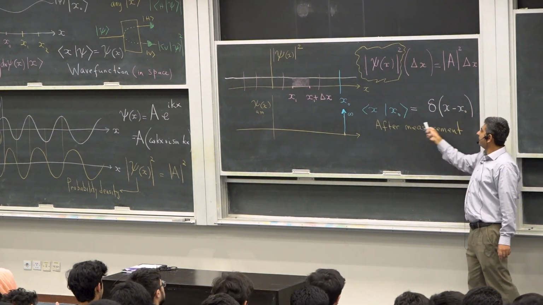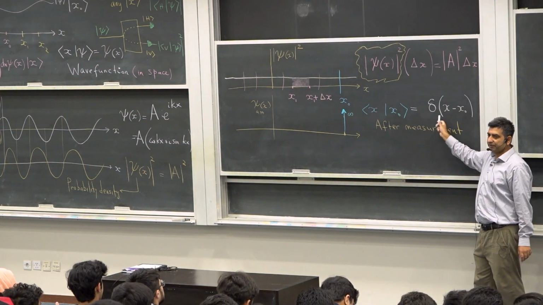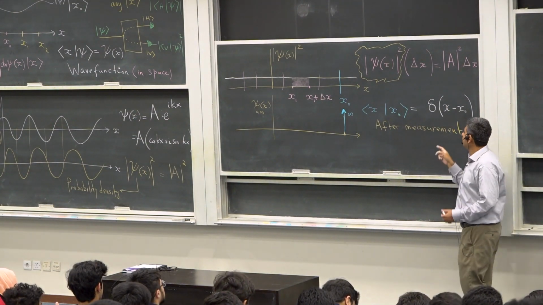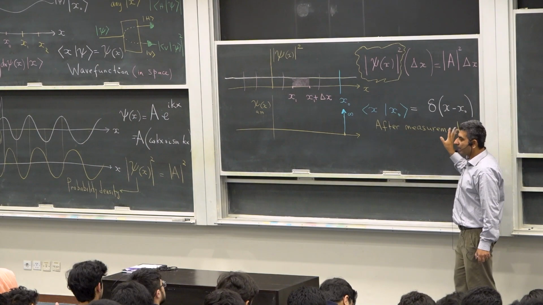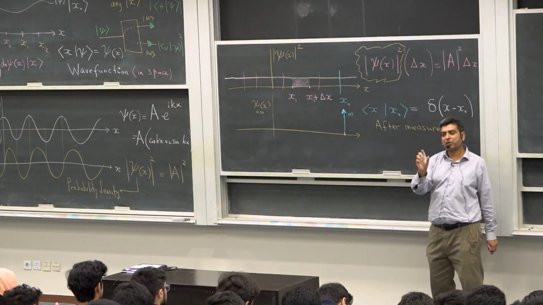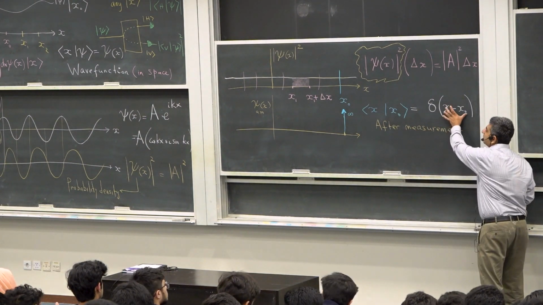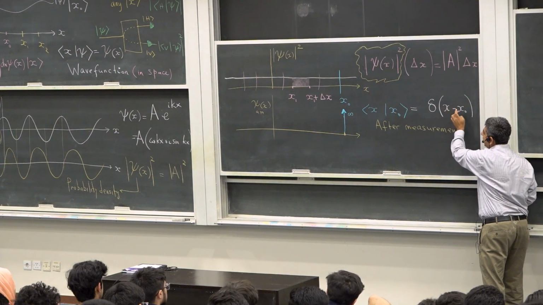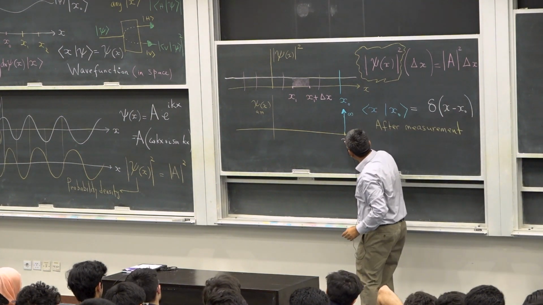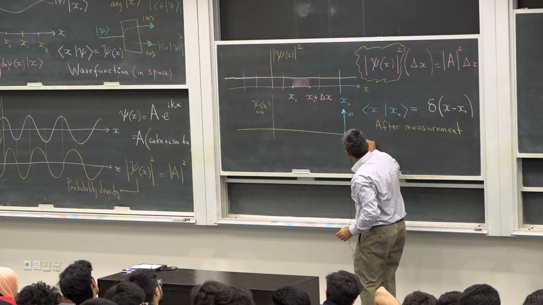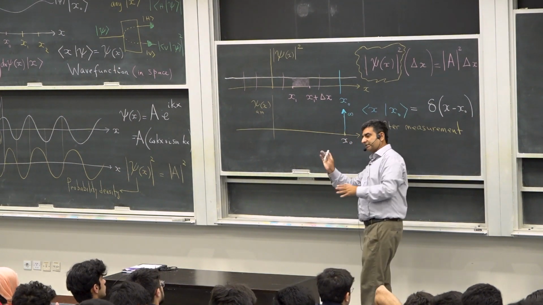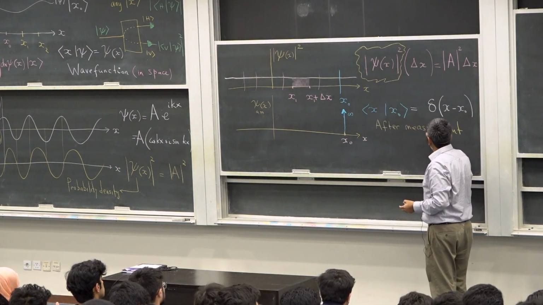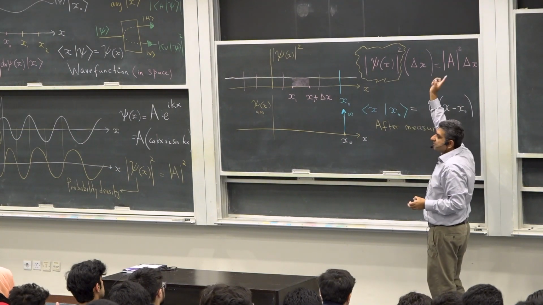This is a definition, this is how we define the Dirac delta function: it's 0 everywhere in space, but it's non-zero only when the argument is 0. So the argument is 0 means x equals x naught, that is, at this point in space this function will exist, and at that point in space it will be an infinite spike.